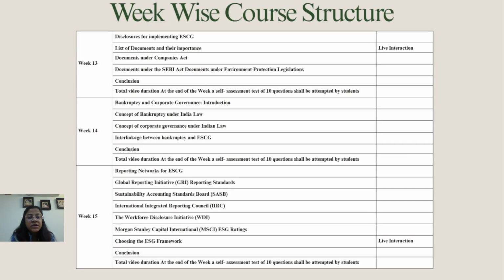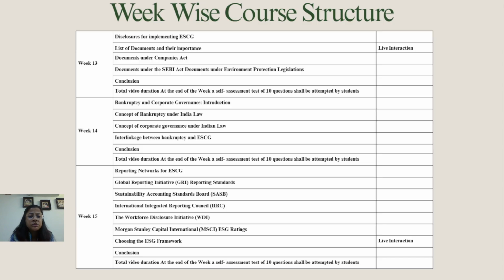We will then be looking at the various disclosures that are required, the list of documents, how these documents are being drafted, what are the requirements of these documents, because these essentially form the practical framework according to which any person in an organization should be able to function.